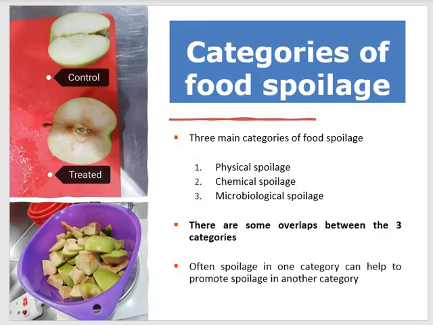Okay, so now when we mentioned that after a certain period of time your food is going to spoil, there are actually different categories of spoilage. If a food spoils in a certain way, we can say this is what we call physical spoilage because the product does not look like what it used to be. There's chemical spoilage, where sometimes you won't even be able to know that the product has been chemically spoiled.